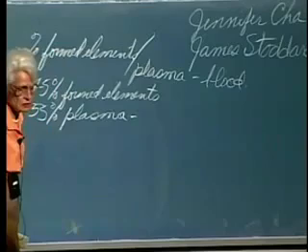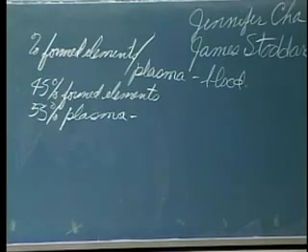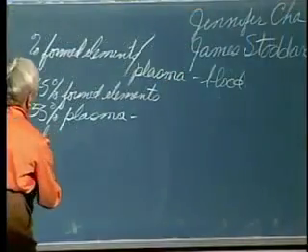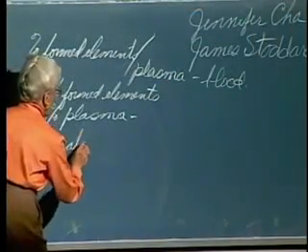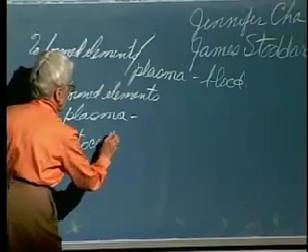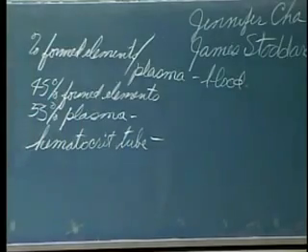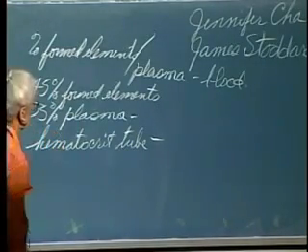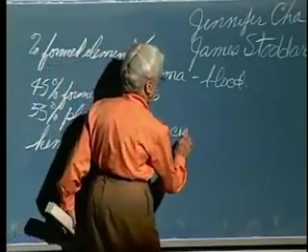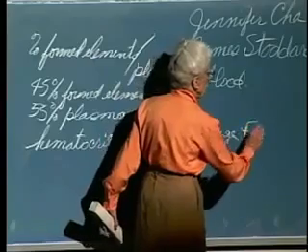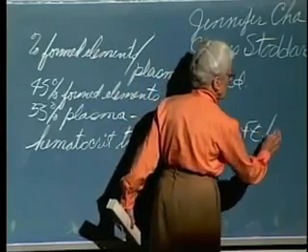How do they know this? They use a tube called a hematocrit. And centrifuge. And you separate formed elements from plasma.